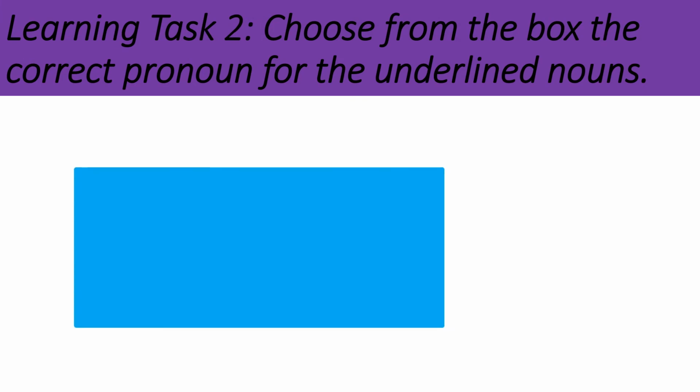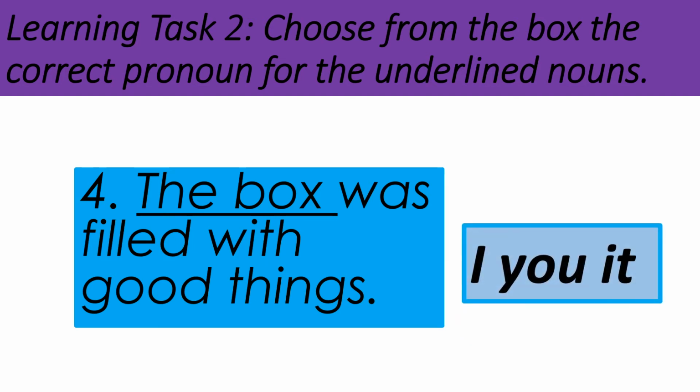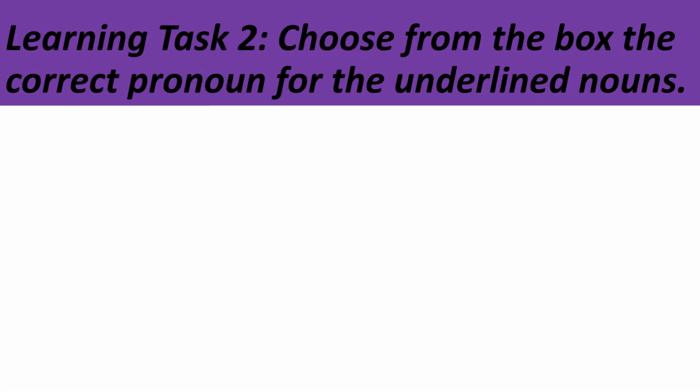Okay, number 4. The box was filled with good things. What is the underlined noun? Alright, the box. So what are we going to substitute for this noun? What pronoun will we use? Correct. So, it. Good. Okay, number 5.